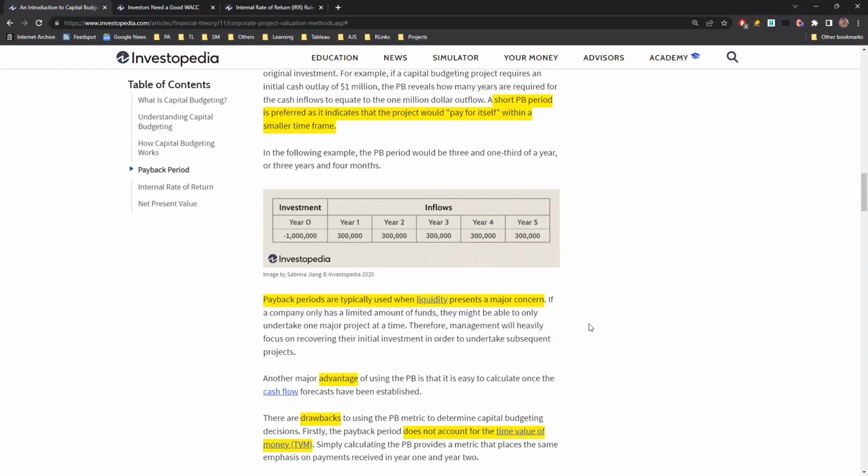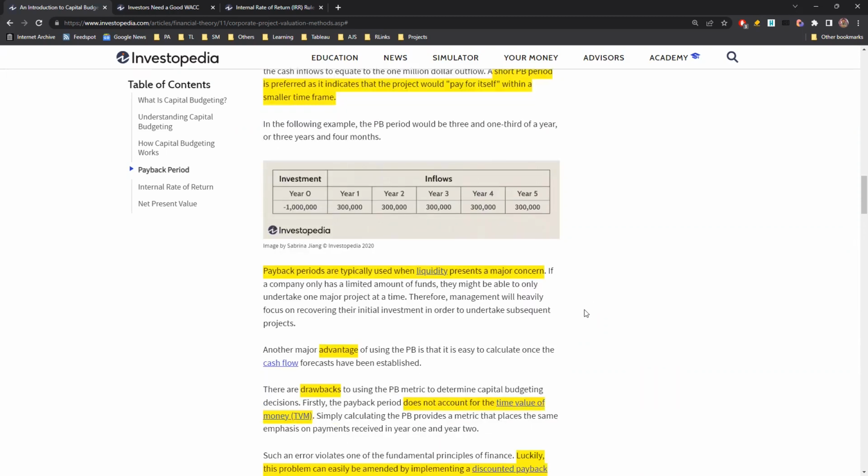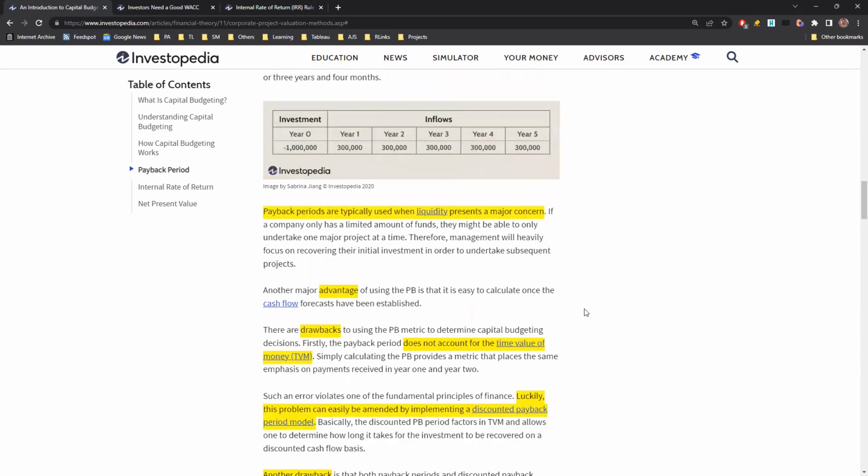The reason is that your $1 million is a limited resource for you, so you should try to recover it as soon as possible so that you can invest in some other project. That's why, when liquidity is a concern, companies prefer this approach to make their capital budgeting decisions.